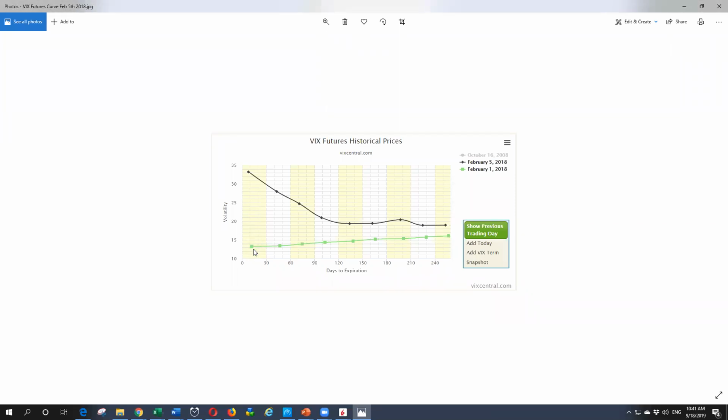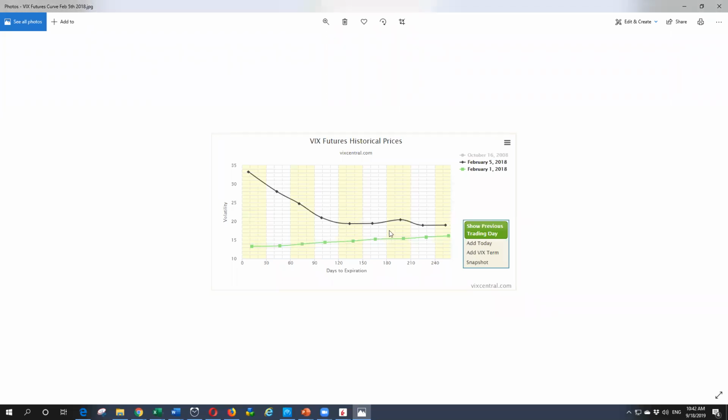So with very little time to expiry, you know, 1 day to 1 week trades, volatility went from about 13 to 33. Massive, massive spike in volatility, right? Even the 30-day trades, 60-day options, you know, big, big spike in volatility. Absolutely crushing any condor that was in this front part of the curve, right?